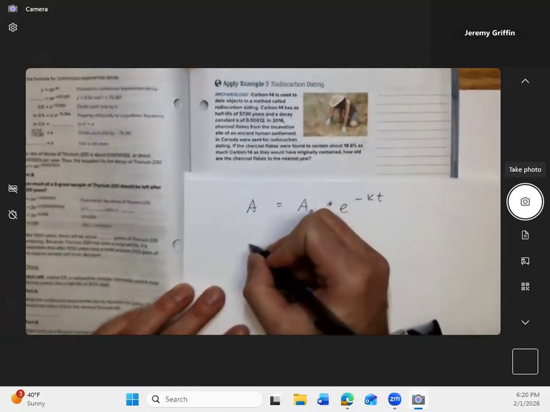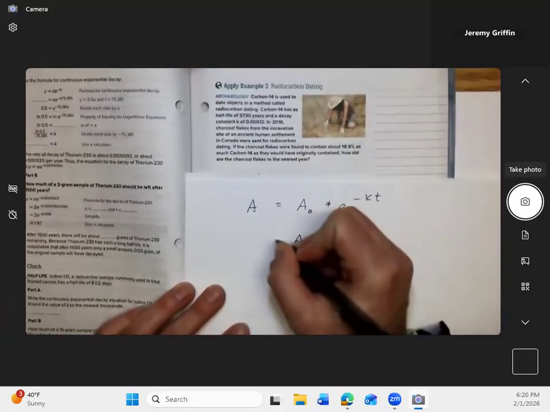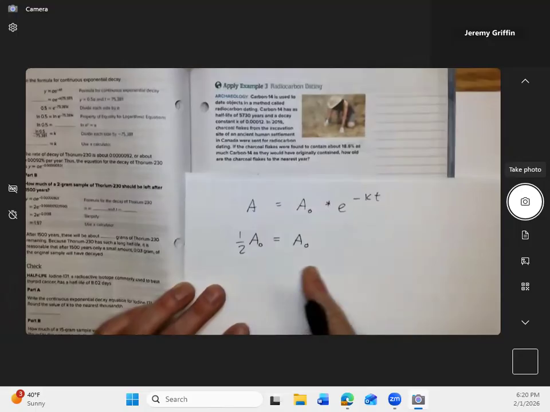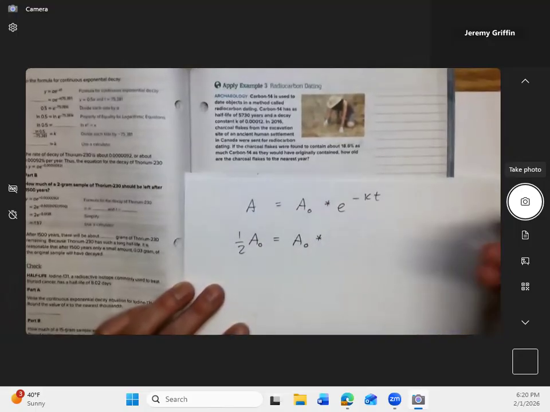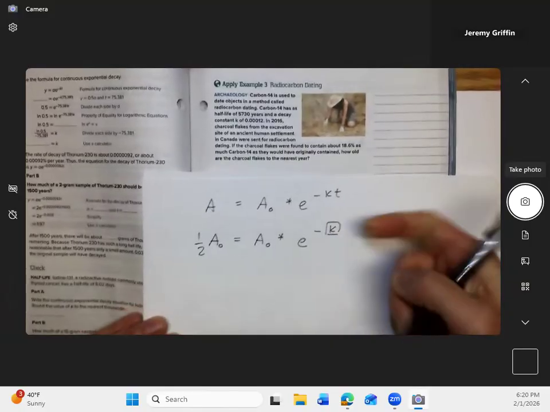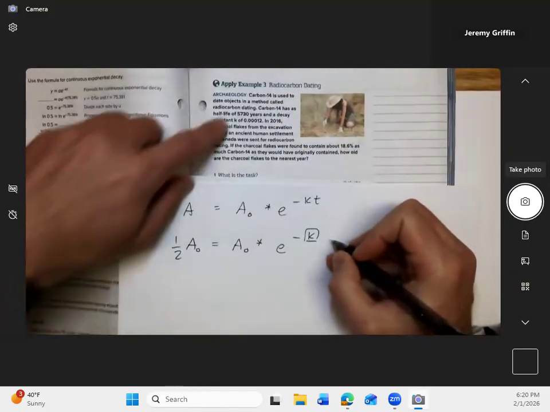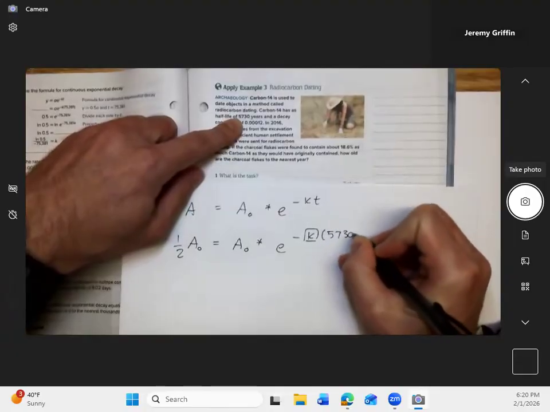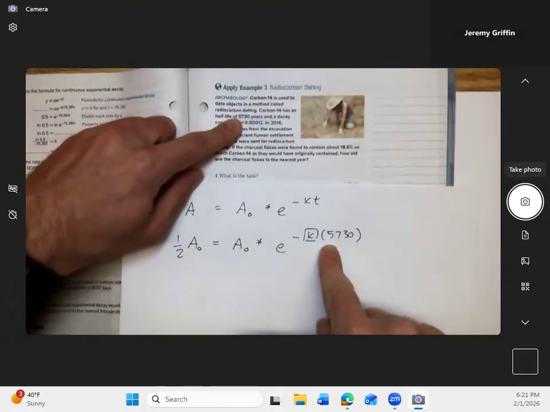So if you start off with any amount, and then you want to get to half of that original amount, then some time has to pass. And for carbon-14, that number happens to be what I showed you a few minutes ago, 5,730 years. These will all be in years, so I'll just write the number.